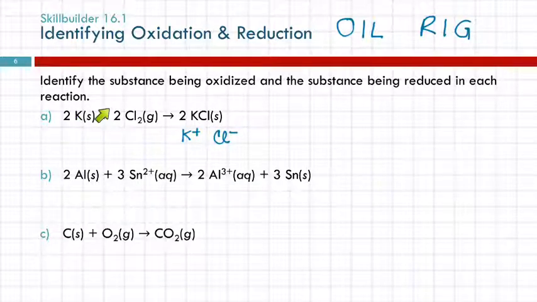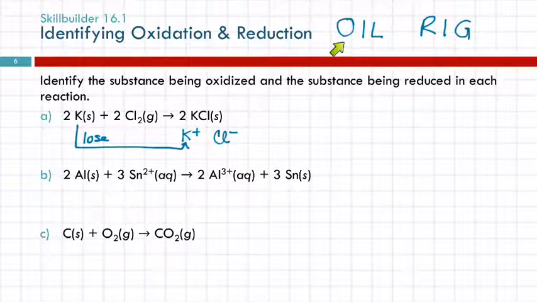This is an element. This is an element. Their charges are 0. So when potassium goes from 0 to a +1 charge, is it gaining a negative electron or is it losing a negative electron? Losing. Which one is losing? Oxidation is loss. So the potassium is being oxidized.